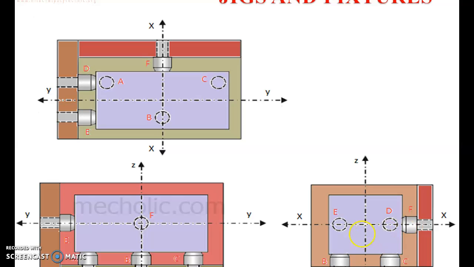Now it will be clear that the downward movement of the block along CD is restrained by these 3 supporting points. The movements along the EF and AB axes are restrained by the double and the single points respectively.